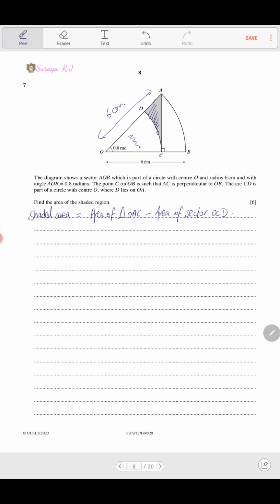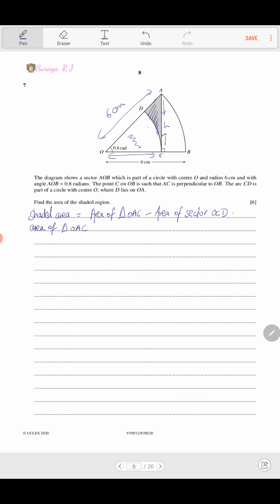So area of triangle OAC. The triangle is right angled, so we can use half base times height. This is the base OC and the height is AC.